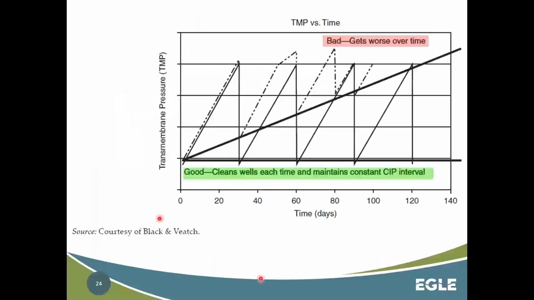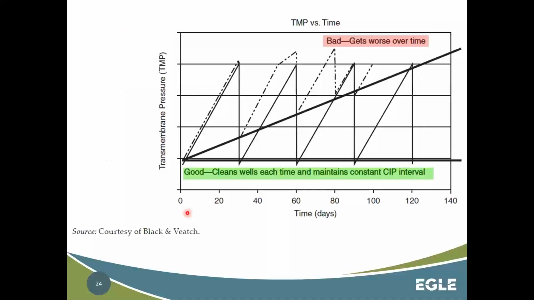So here is a graph that helps visualize that. On the top, this dotted line is an example of a system that has a clean in place regime that is not very effective and not doing a good job.